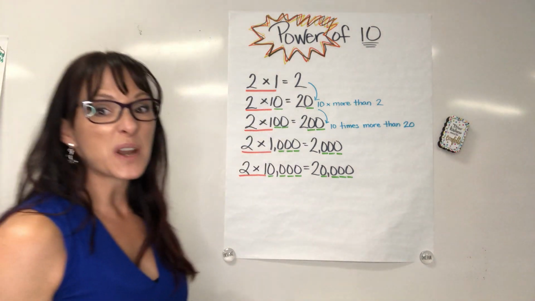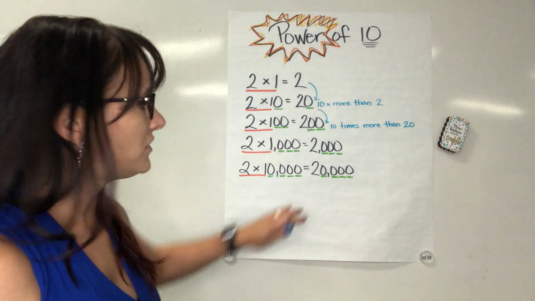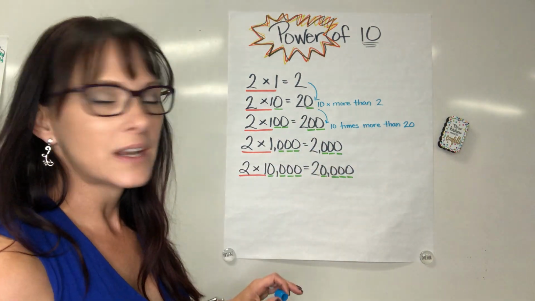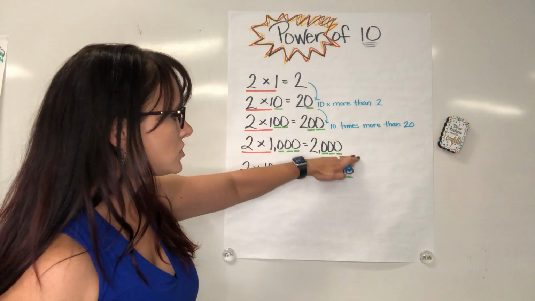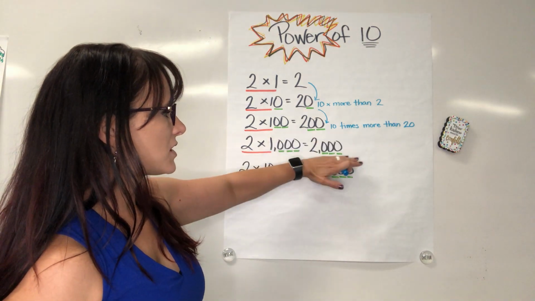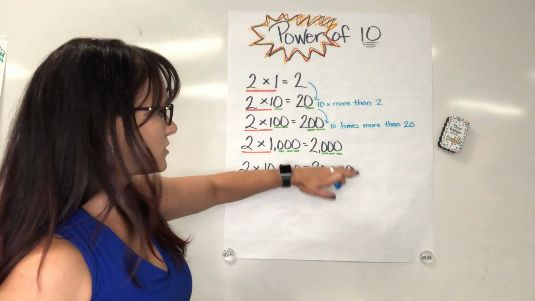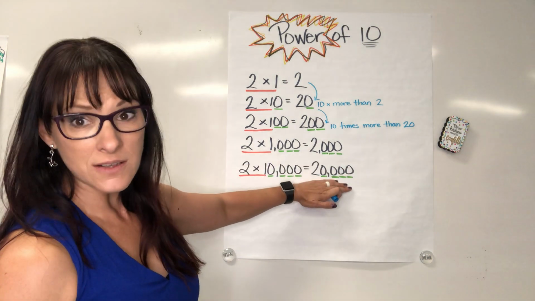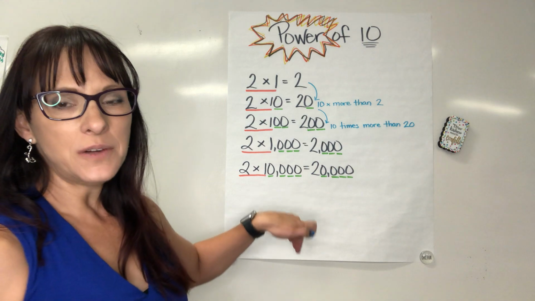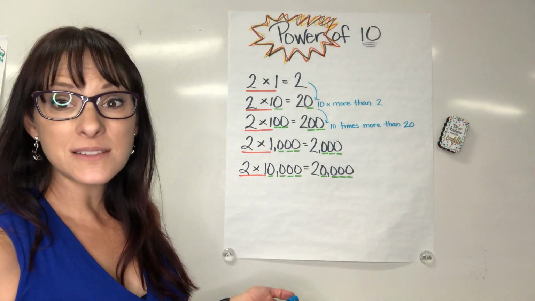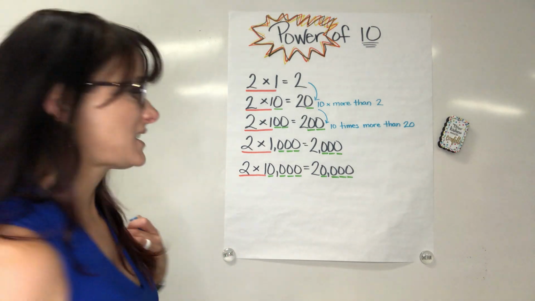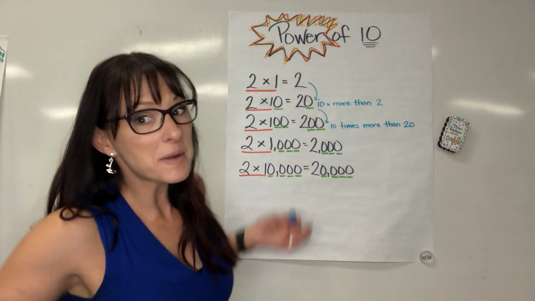Okay, so what I want you to do, pause the video, see if you can figure out the next two phrases I'm going to write between 200 and 2,000, and then between 2,000 and 20,000. So pause the video, and then come back and see if you got the same thing I did. All right, welcome back.